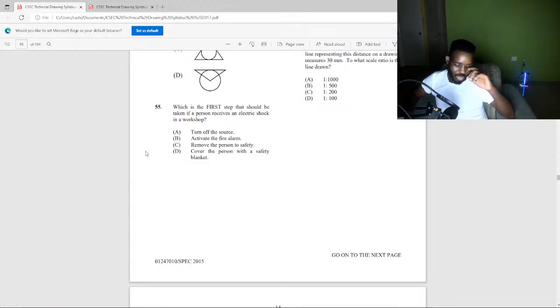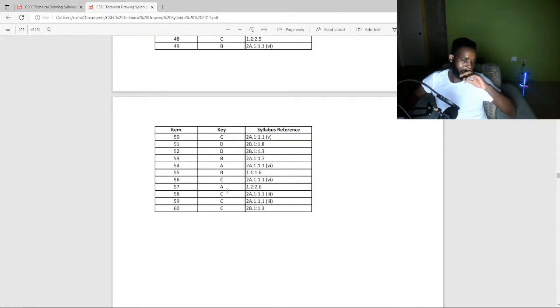As sad as it sounds, you don't know if that source is going to shock you. You can't remove the person because you can't touch the person or you'll be electrocuted. And a safety blanket could work if it was a cartoon, but it's real life. So all you can do is call the relevant personnel by activating the fire alarm. So 55 should be C.